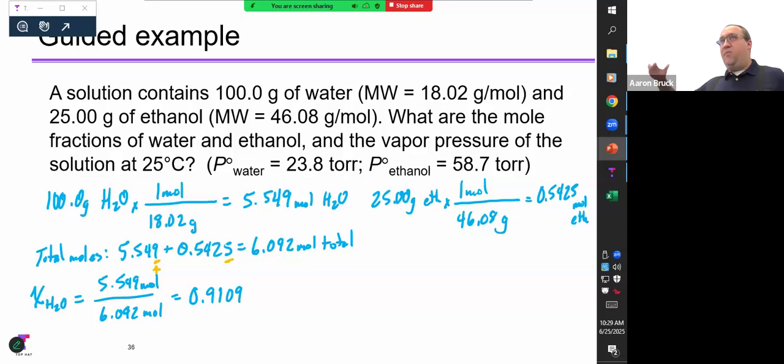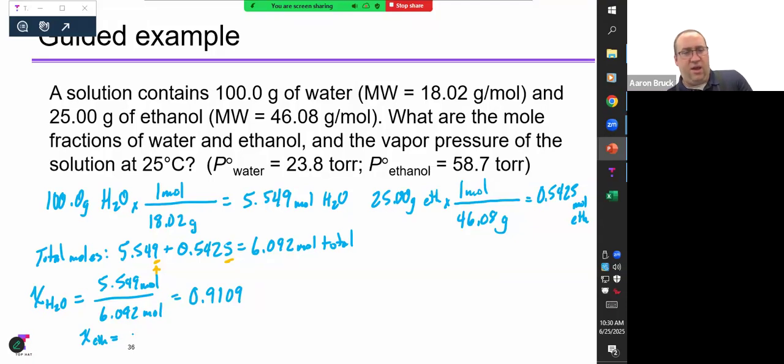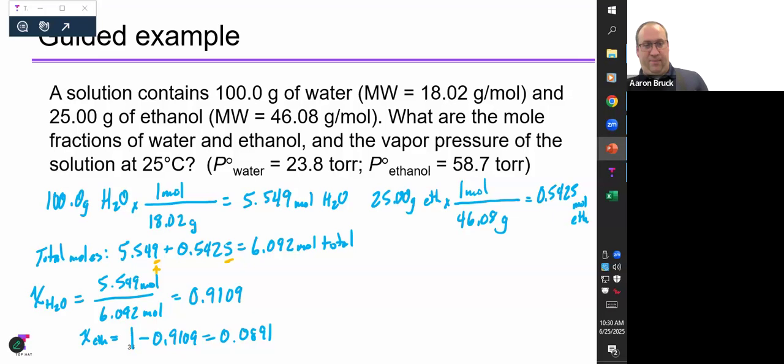Now I could do that same fraction calculation with the mole fraction of ethanol, or like we talked about before, recognizing that it's the other part of this solution and that all things have to add up to 1, I could get the mole fraction of ethanol as 0.0891 that way.